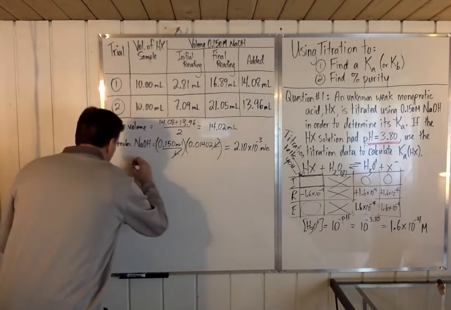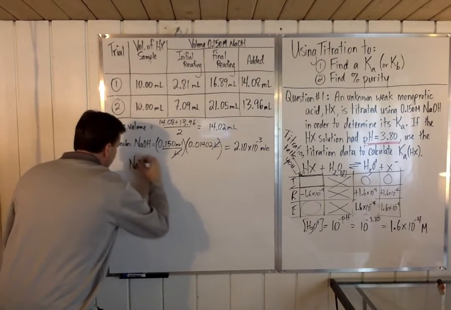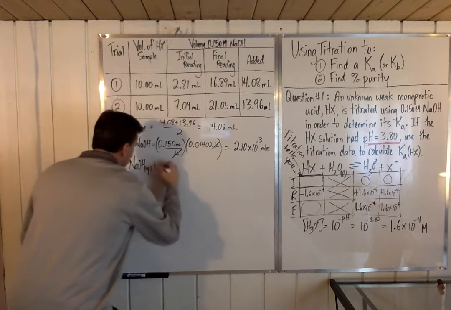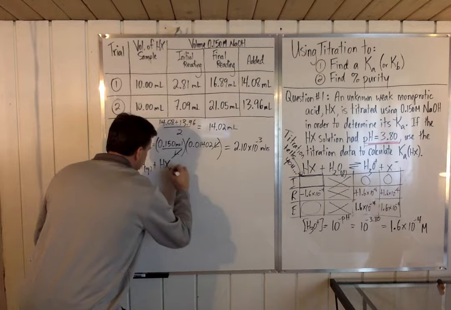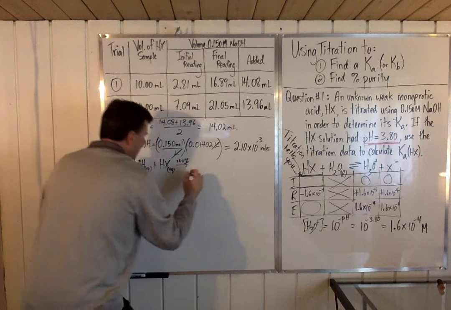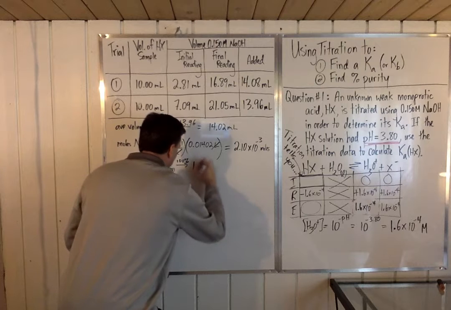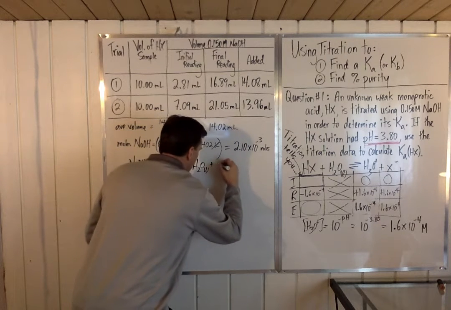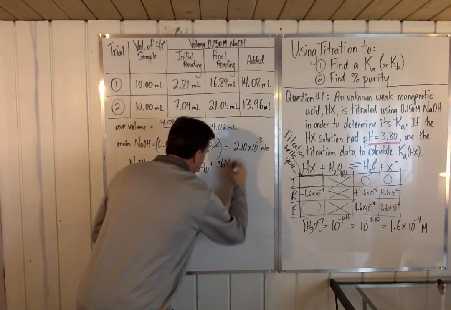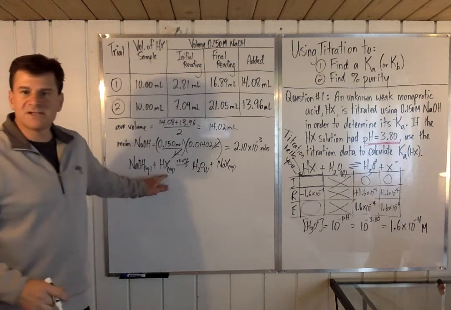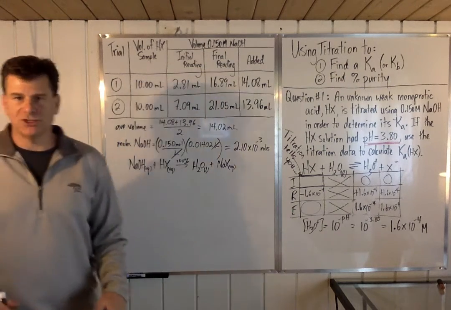Well, you always have to have a neutralization equation. We took some aqueous NaOH. We took some aqueous HX. It reacted 100% to form water and NaX, and the X must have been a -1 because it had one H on it.